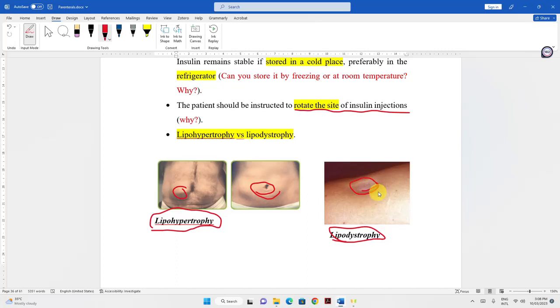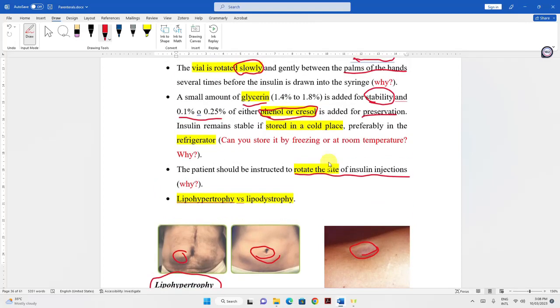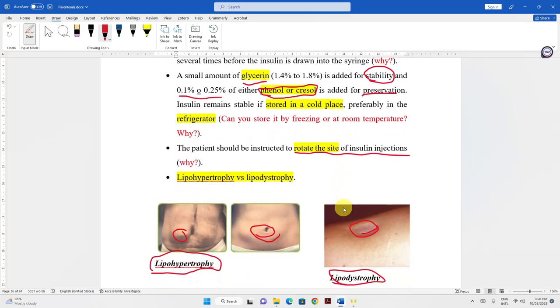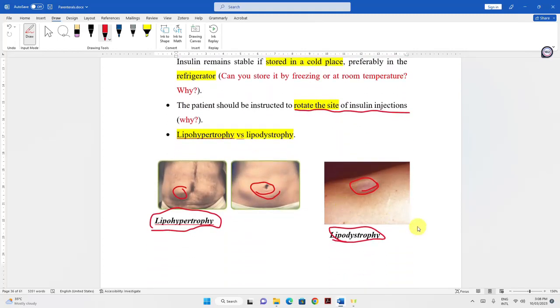Also, another reason that was attributed to causing lipodystrophy is that in the old days, not now, the impurities in insulin injections, like the pork and bovine, the pork and bovine and beef insulins, used to have some impurities, okay.